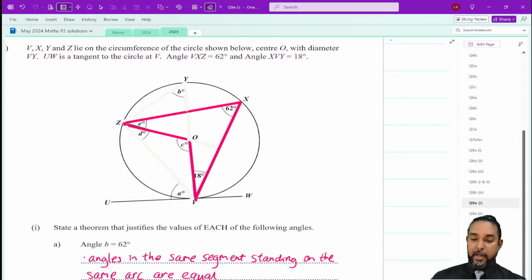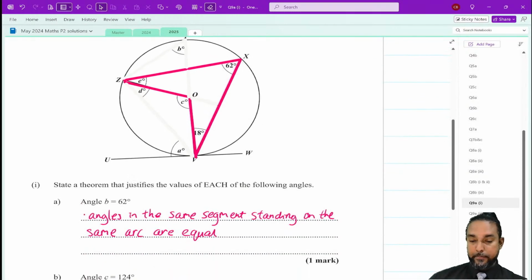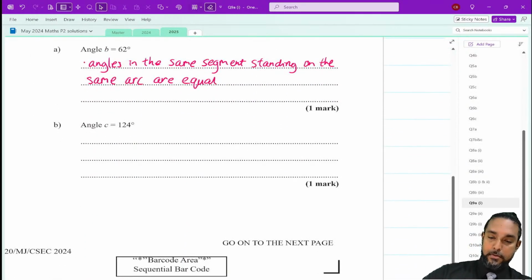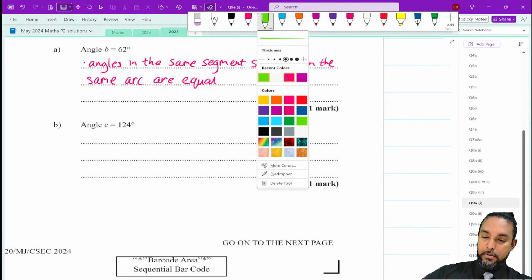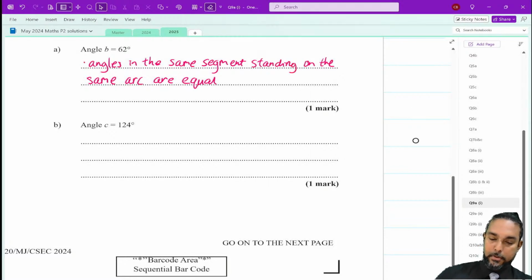Angle C is the angle at the center, and it's double the corresponding angle at the circumference, which is 62. Double 62 is 124 degrees.